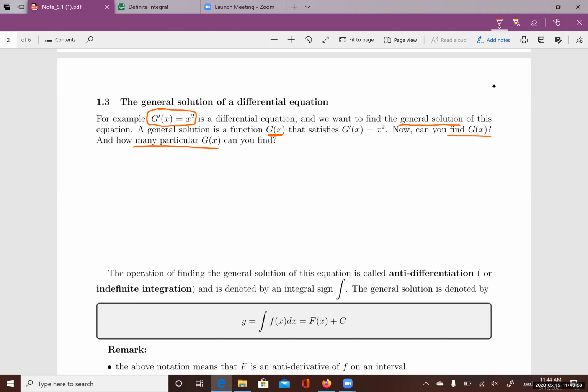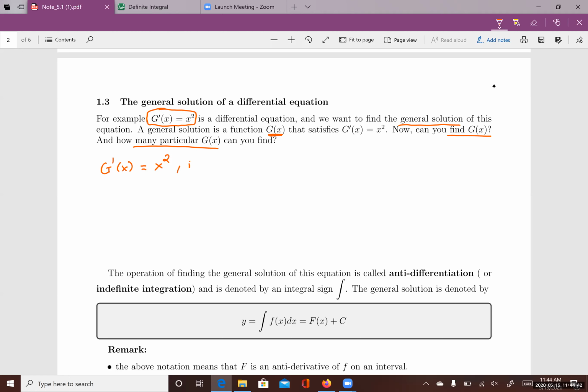Okay. So again, I have a differential equation, g prime of x equals x squared. And what is the function g of x such that if I take the derivative of the function g of x, I get x squared? So what do you think? Are we finding the derivative of these functions, or are we finding the antiderivative of these functions?